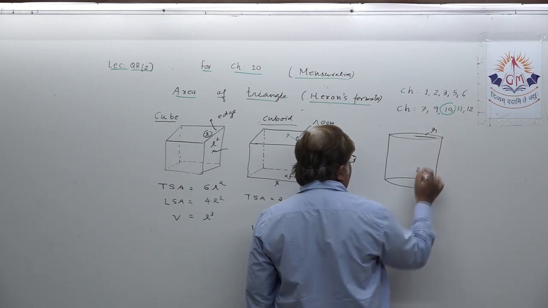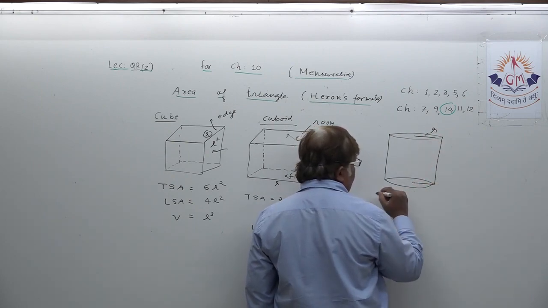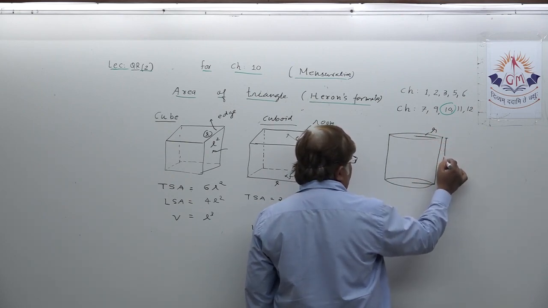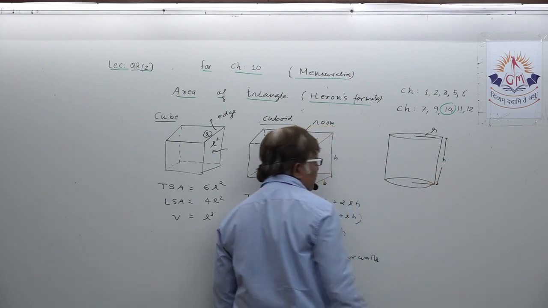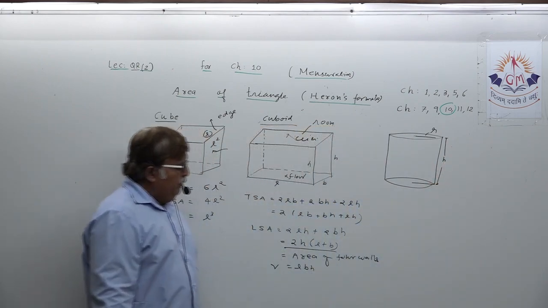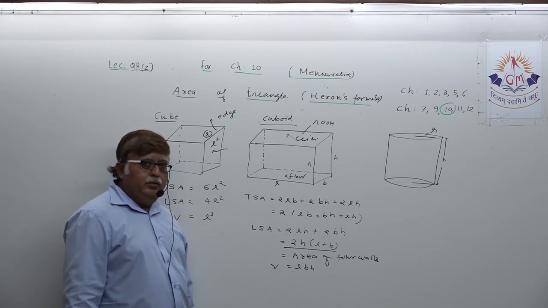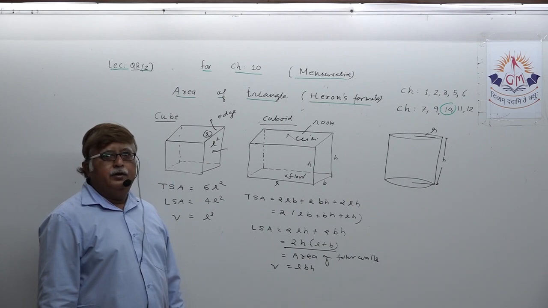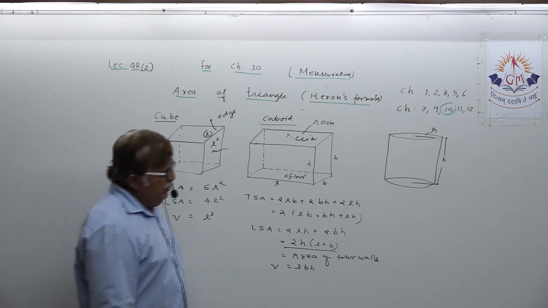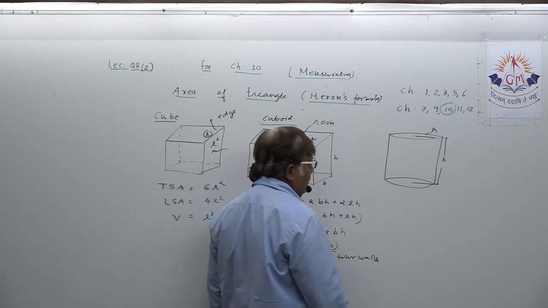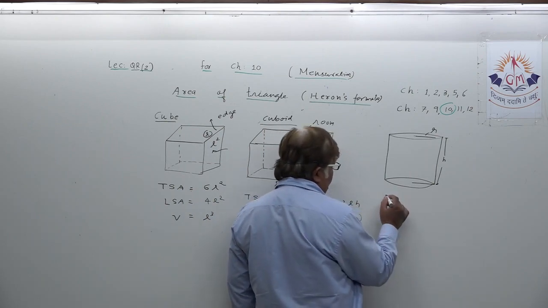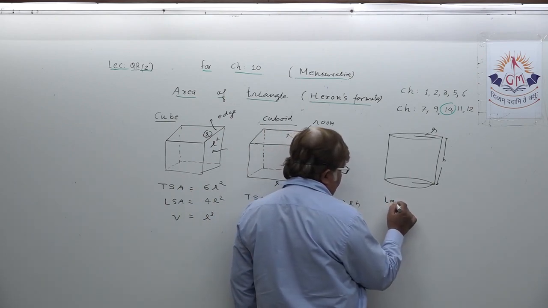One is radius, either of top or base, whatever, it is equal, and you will also be given height of the cylinder. Whenever you are looking for area or volume of cylinder, you will be given two parameters, radius as well as height.